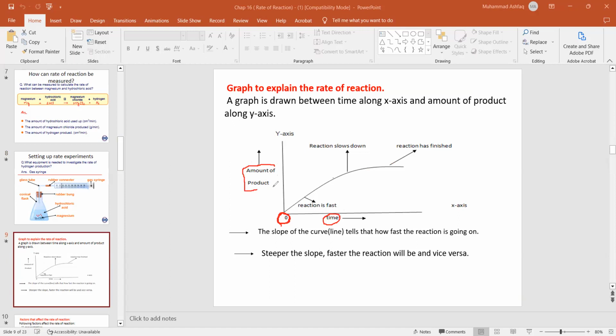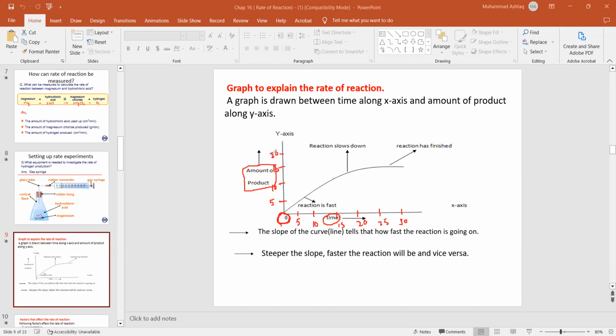You are taking the amount, for example, as gas. Like here 5 seconds, for example 10 seconds, here 15 seconds, 20, 25, 30, and so on. Here you have 5 dm cubed, 10, 15, and 20.